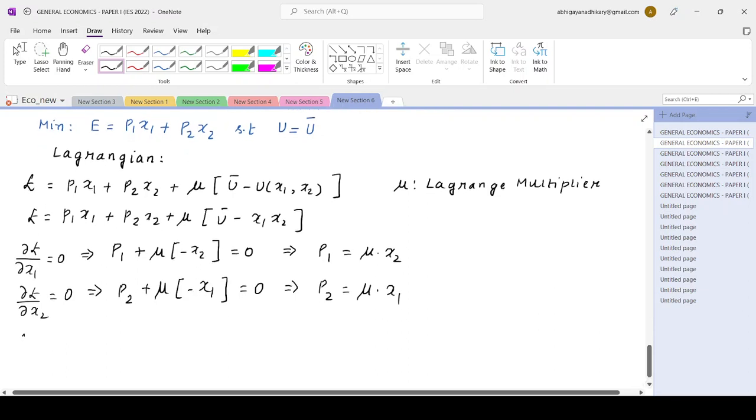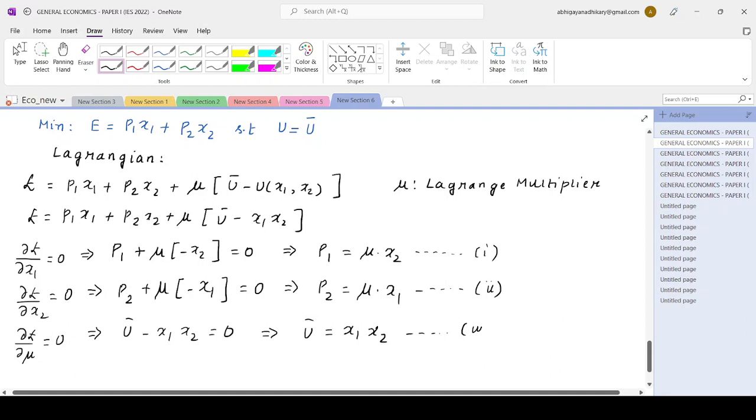And finally, del L by del mu is equal to 0, so u bar minus x1 x2 is equal to 0, that means u bar equals x1 x2. So this is my equation 1, this is my equation 2, this is my equation 3.